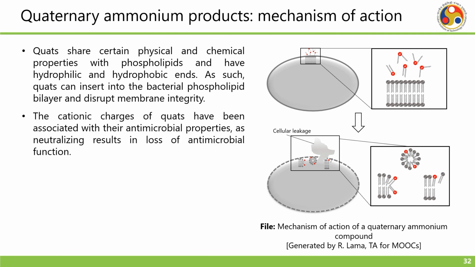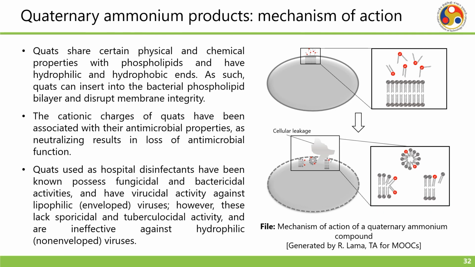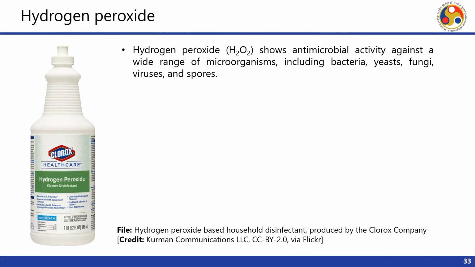The cationic charges of quats have been associated with the antimicrobial properties, as neutralizing results in loss of antimicrobial function. Quats used as hospital disinfectants have been known to possess fungicidal and bactericidal activities and have virucidal activity against lipophilic viruses. However, these lack sporicidal and tuberculocidal activities and are ineffective against hydrophilic non-enveloped viruses.